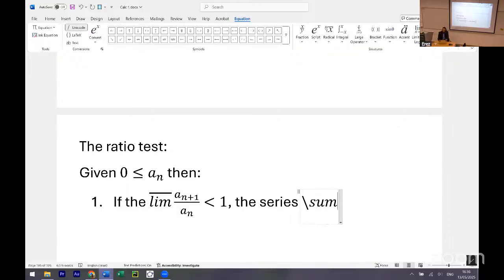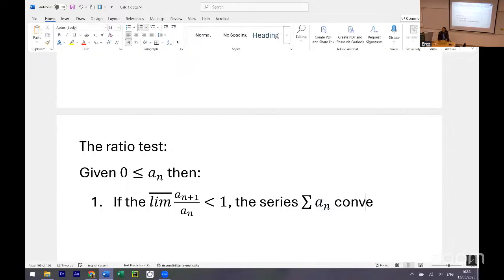The series converges if the lim sup is smaller than 1.